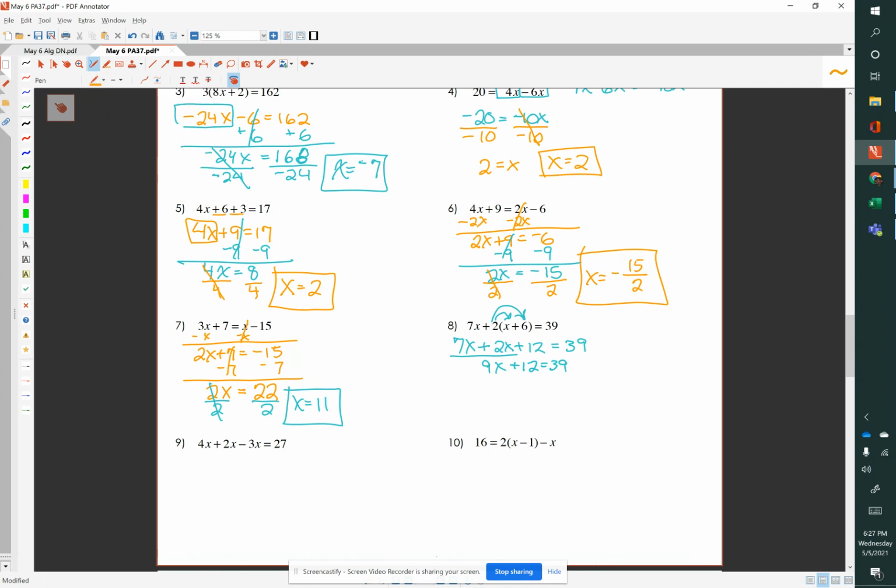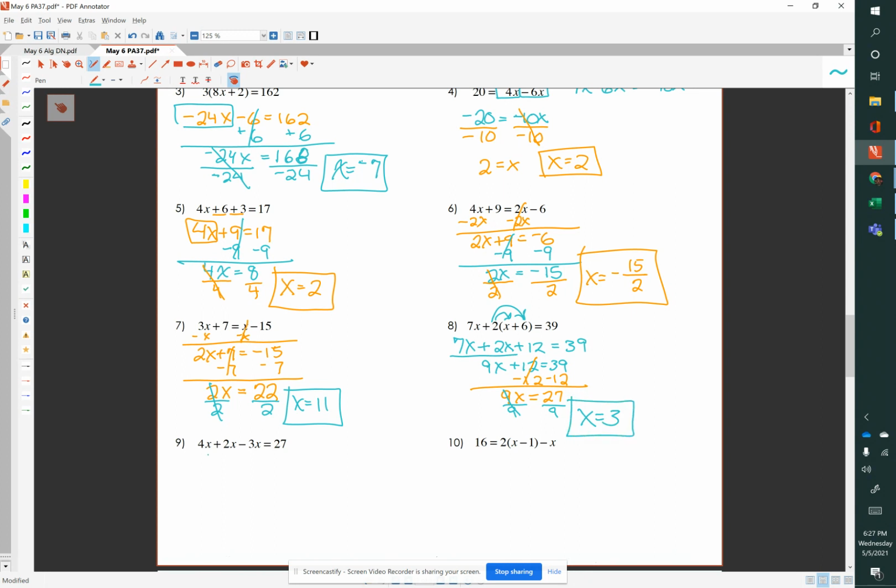And now we're going to go ahead and subtract 12 from both sides for 9x equals 27. And then we're going to divide both sides by 9, which will give us x equals 3, positive 3.